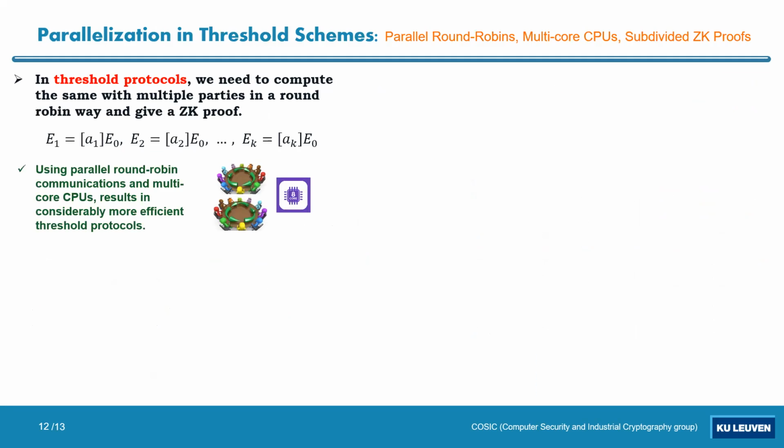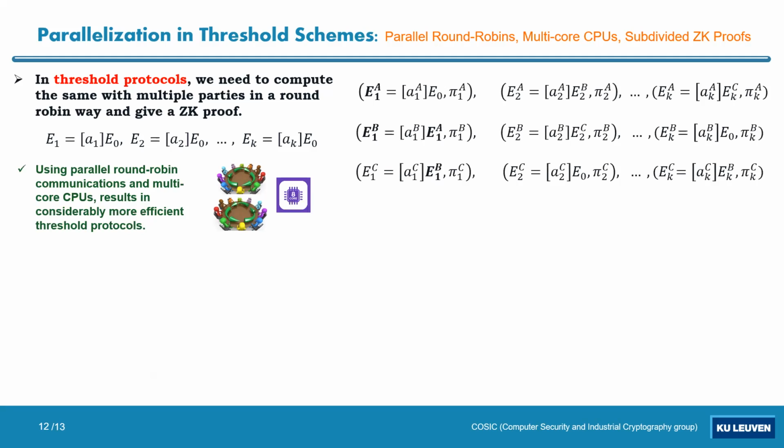Another point concerns these three-shot protocols. Again, we have many of them, but now you have to do this with a multi-party protocol. We said that in one case, we have to follow the round-robin protocol. For example, if you want to generate this public key, party one has to do this, pass it to party two, and party three, and so on. But one may notice that you don't have to do this, because if K is 1,000, we don't have 1,000 CPUs in each party. Instead, you can divide these curves among the parties.